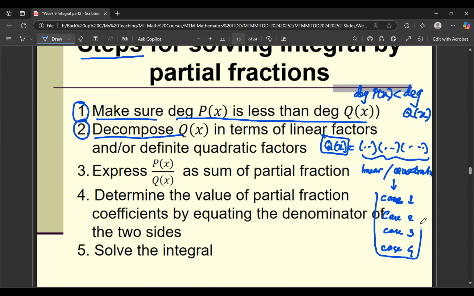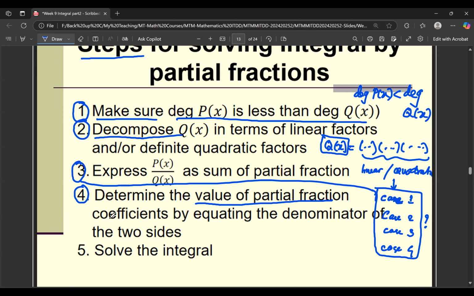After you know what case you have, you can express Px over Qx as a sum of partial fractions. Then you must determine the values of the partial fraction coefficients.